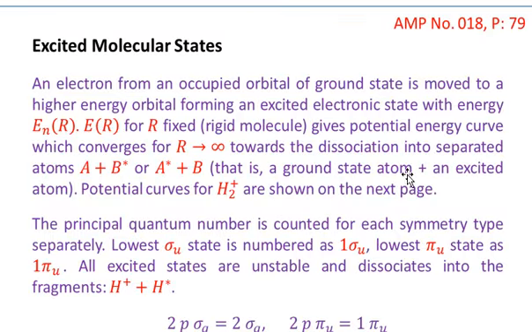That is, a ground state atom plus an excited atom. Potential energy curves for the hydrogen singly ionized molecule are shown on the next page.